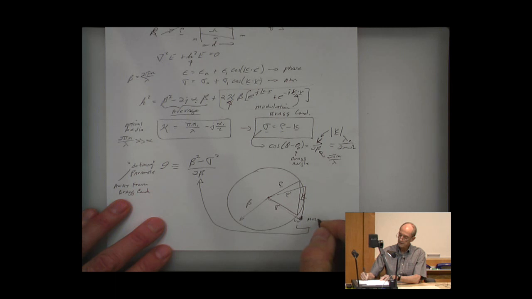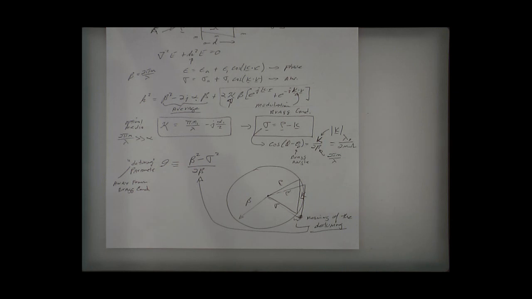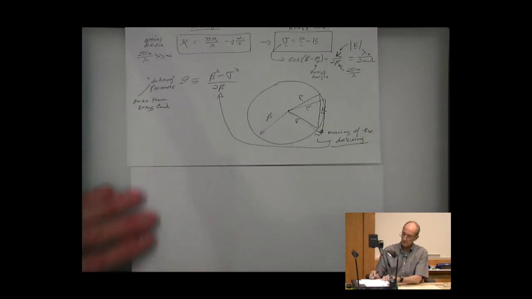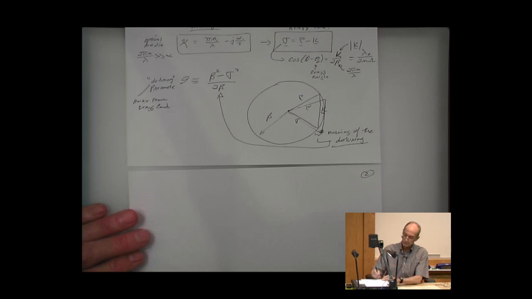This is the meaning of the detuning. How far away from the Bragg condition are we? And as we'll see, that's going to impact the overall efficiency that we have. We don't want to go too far from the Bragg condition, so we can simplify this detuning parameter to some degree.